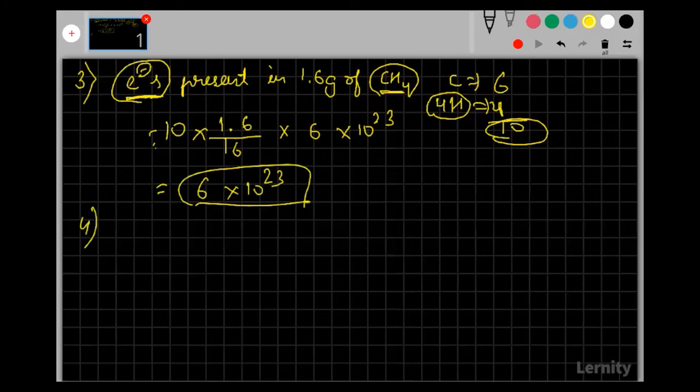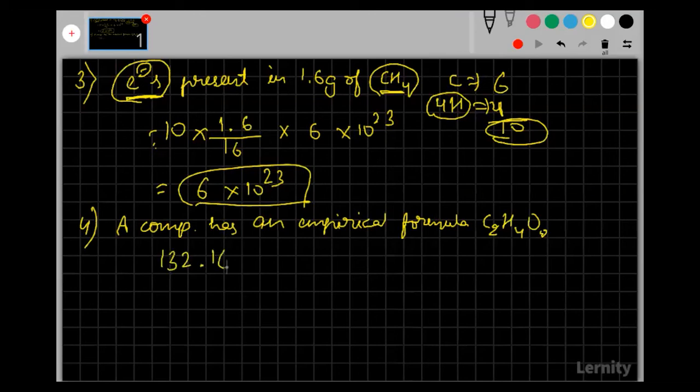Okay, so the next question: a compound has an empirical formula C2H4O, and an independent analysis gave a value of 132.16 for its molecular mass.